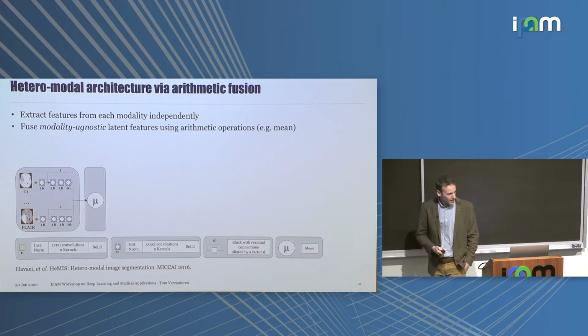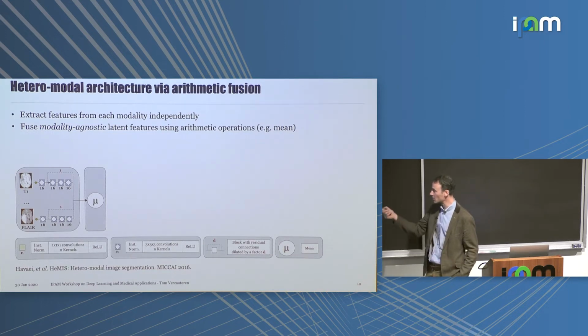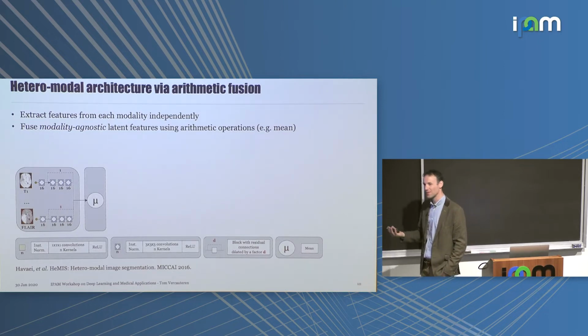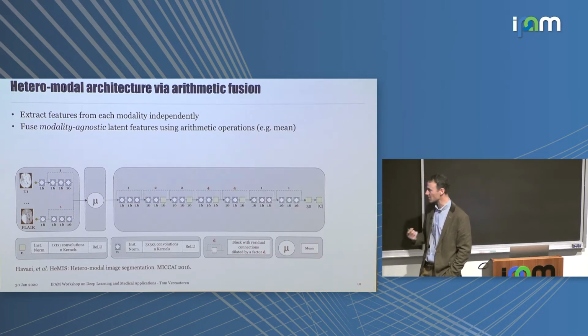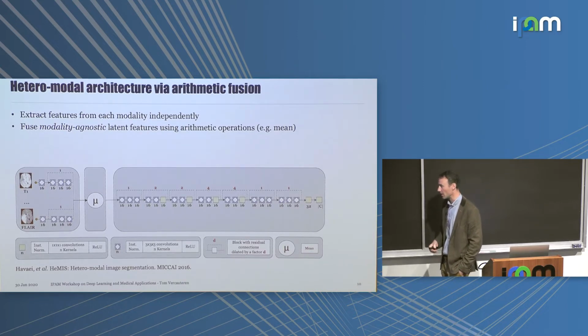Then you use a simple arithmetic operation to merge the features from these independent sets. If you use a mean here, then whether you have 3 or 4 modalities, the mean should be the same, right? So that's what you're trying to get here. Then you can process this averaged feature set with a standard convolutional network and get your output.